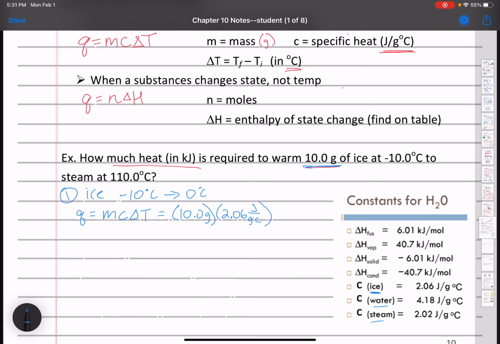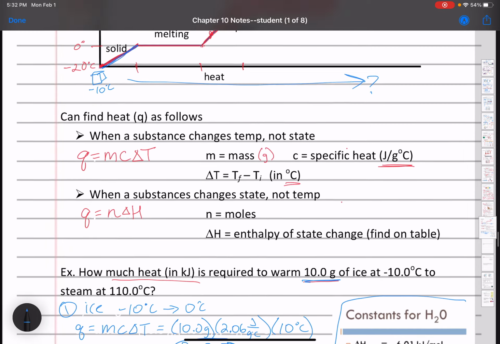And you should keep this table handy. You'll need it. Times the change in temperature. So 0 minus 10 is positive 10. In other words, we've gone up 10 degrees. And so the heat here is 209 joules.